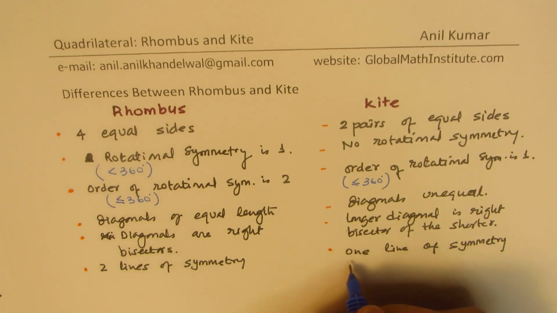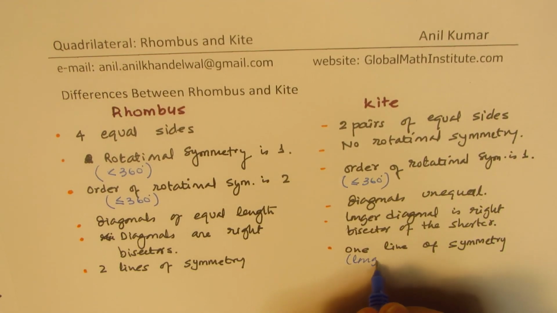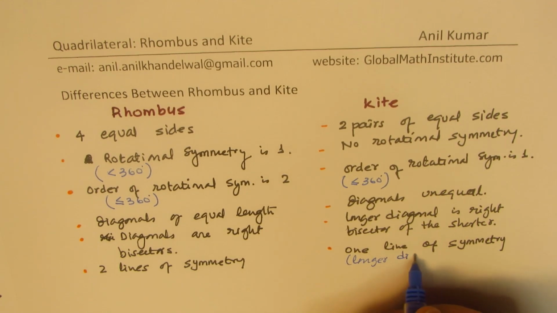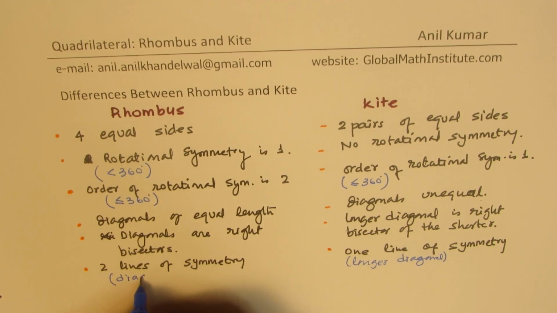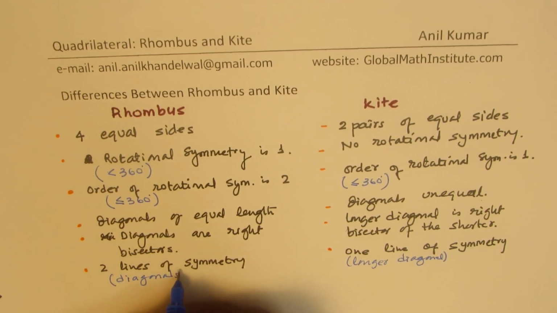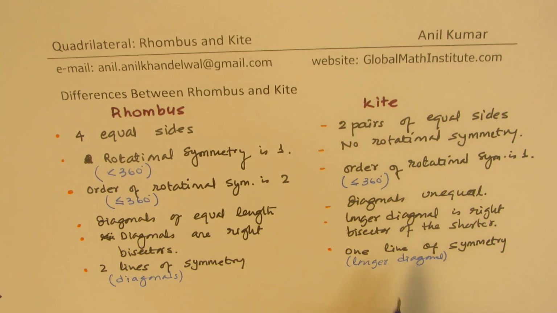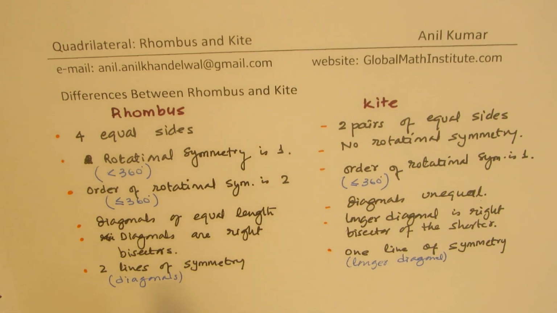So this one is the longer diagonal. For the rhombus it is along both the diagonals, and for the kite along the longer diagonal. Perfect. So that is how you can write the differences between the two shapes. I hope that makes sense.